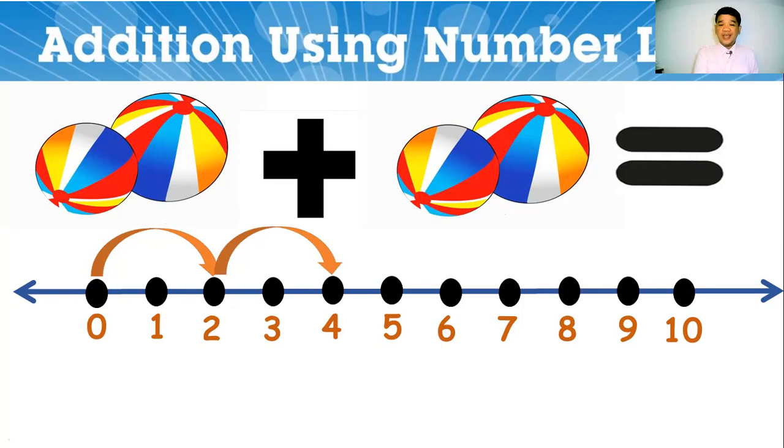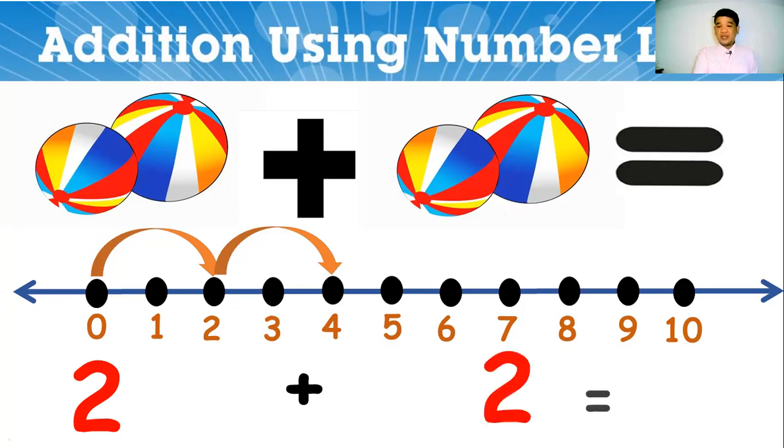If we count all together, how many balls are there? Written as numbers, it will be 2 plus 2 equals. How many balls are there all together? How many steps do we have here? 0, 1, and 2 stand for the first object, and then 3 and 4 for another 2 objects.